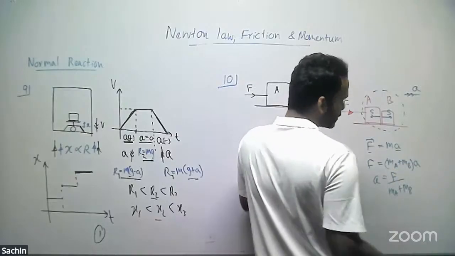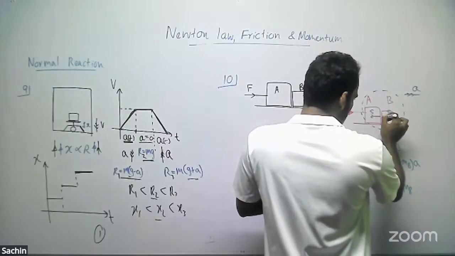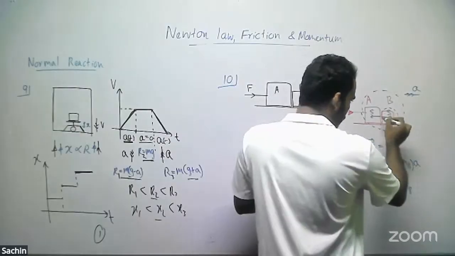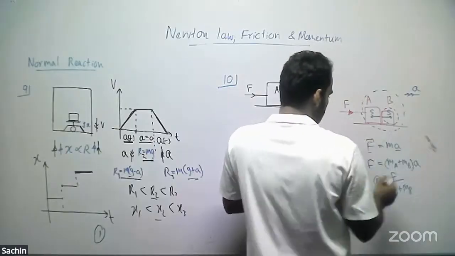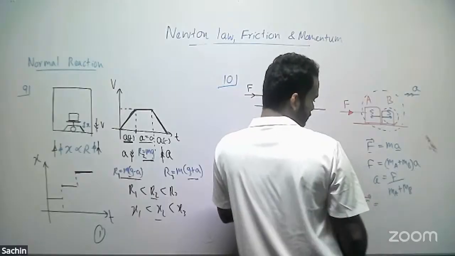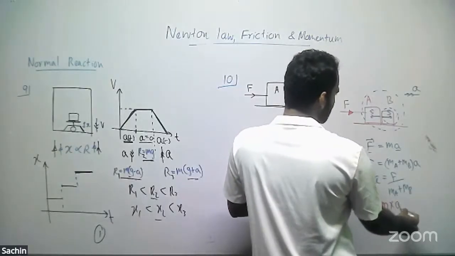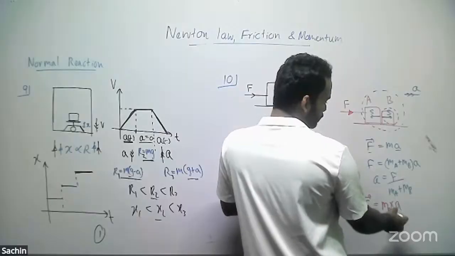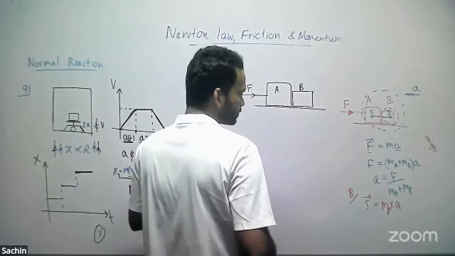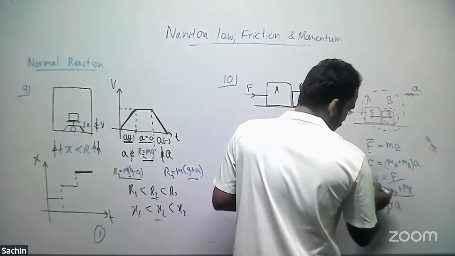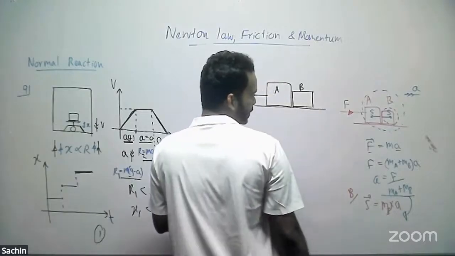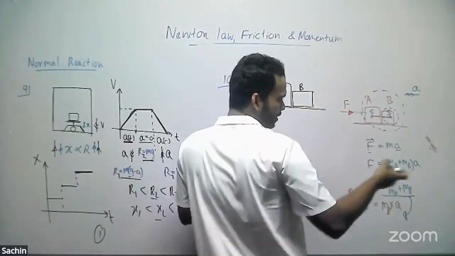I'm just considering only B. So when only B is considered, the external force on B is S. So S should be equal to mass of B times its acceleration. So that's how you have to determine the value of S. The acceleration is initially found, so you apply the value here, and then you can determine S as well.